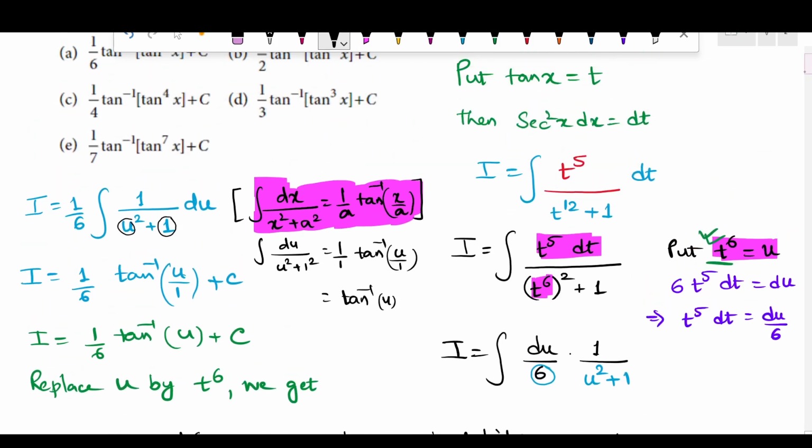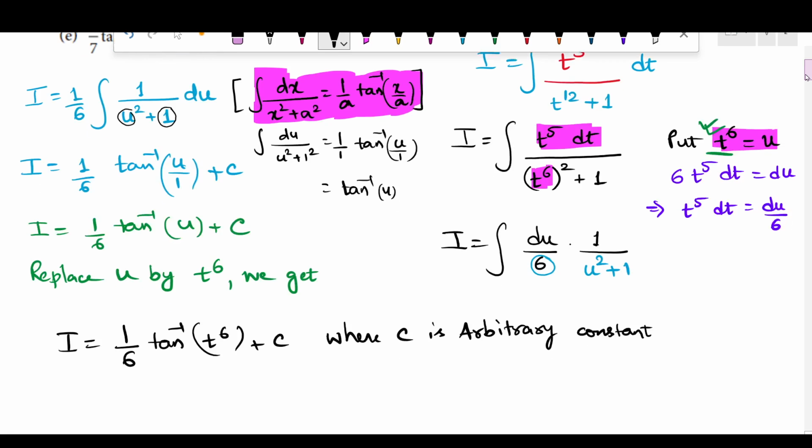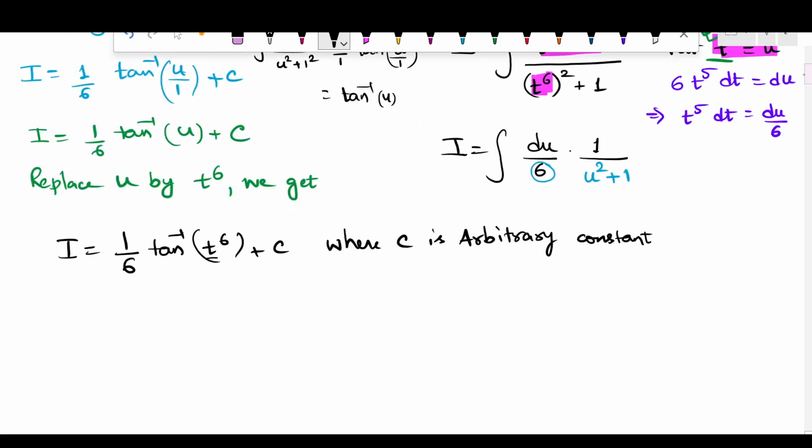But t was what? T was tan x. So in place of t we will write tan x. So tan x to the power 6. Why?